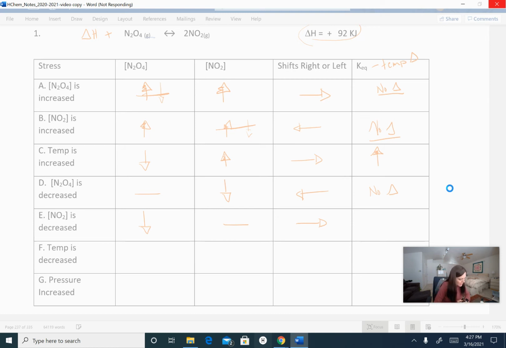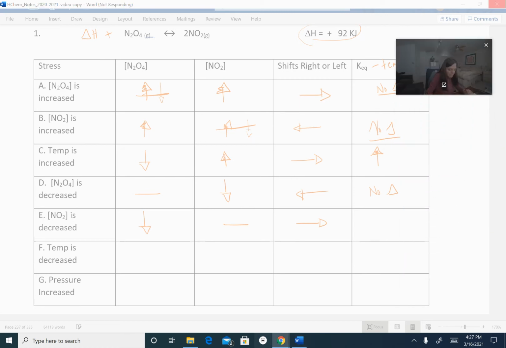Okay, now let's think about if the temperature is decreased. That means we're taking heat out. So it's like removing a reactant. So if we're removing a reactant, it's going to shift left. So on our temperature being decreased, it's going to shift left.